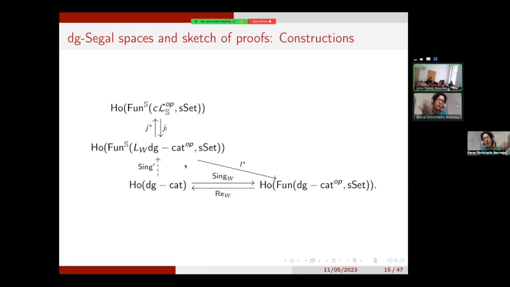So to avoid that, we will factorize Sing to go this way and just avoid the L on the other side. So our adjunction will be just going straight up in one direction and composing like this in the other direction.